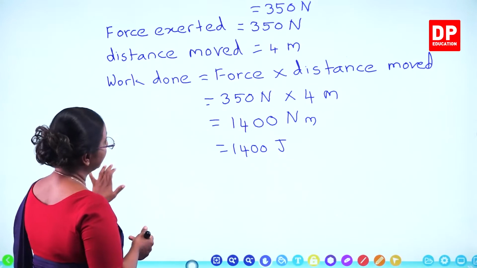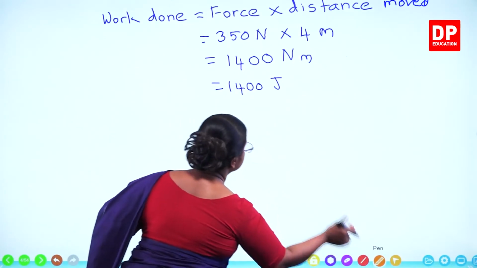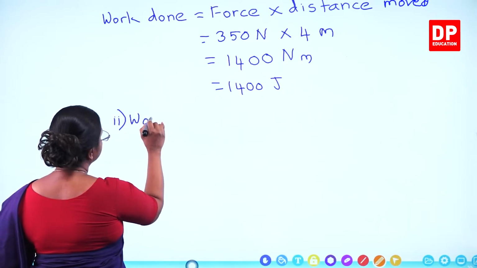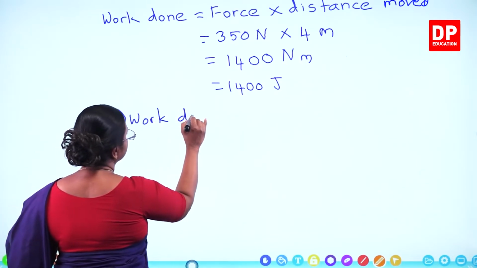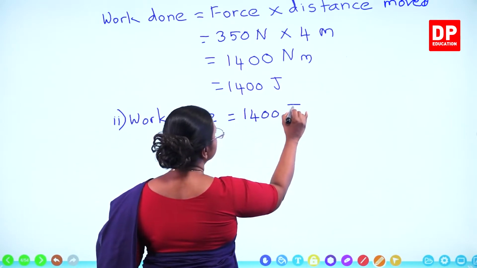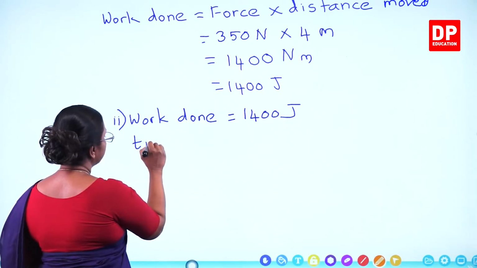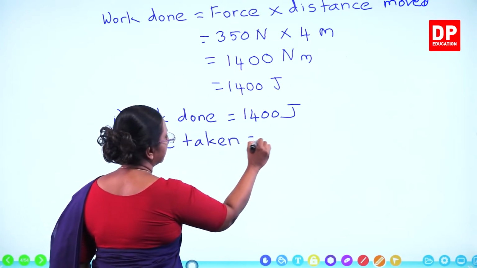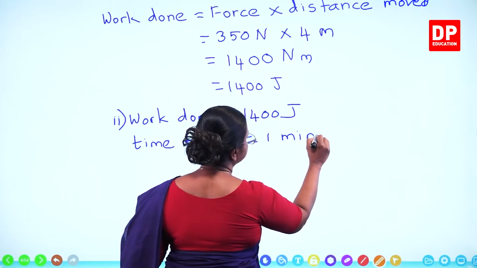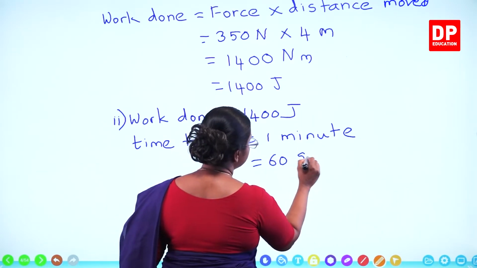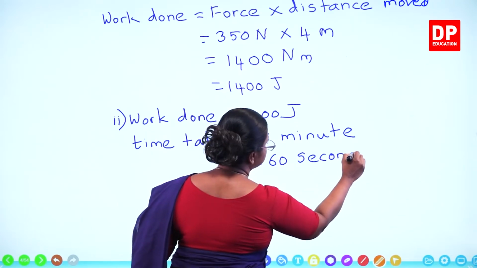So for the second question, here, work done 1400 joules, time taken 1 minute, but that is equal to 60 seconds.